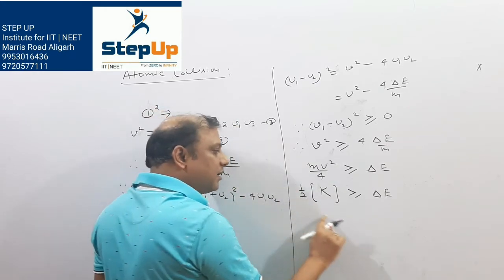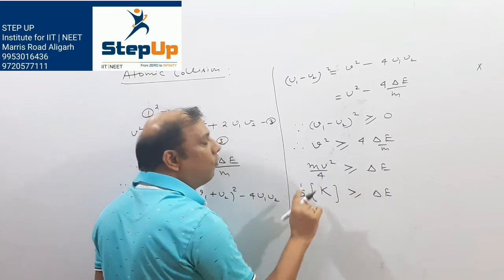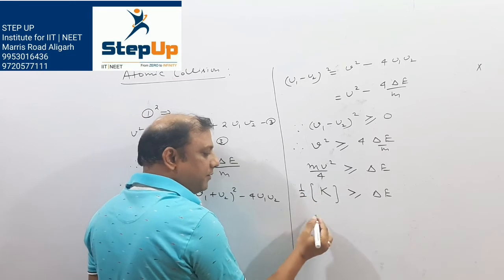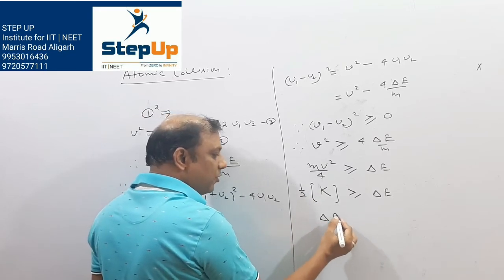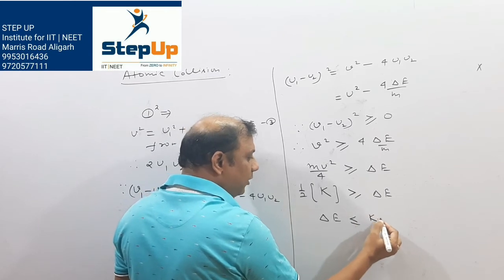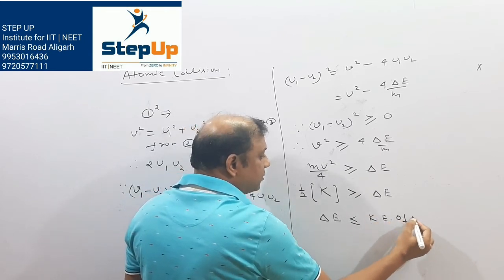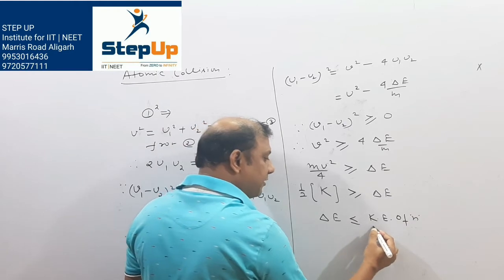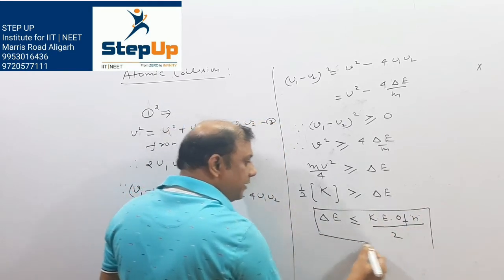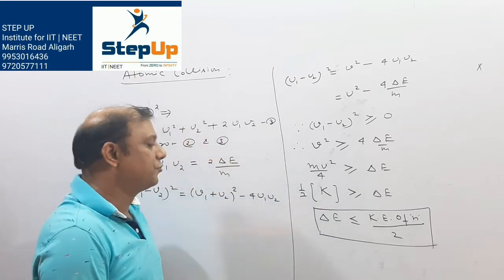So this is the condition of inelastic collision in atomic collision. So you can write in this way also, delta E is less than or equal to the kinetic energy of the striking neutron divided by 2, half of the kinetic energy of the neutron.